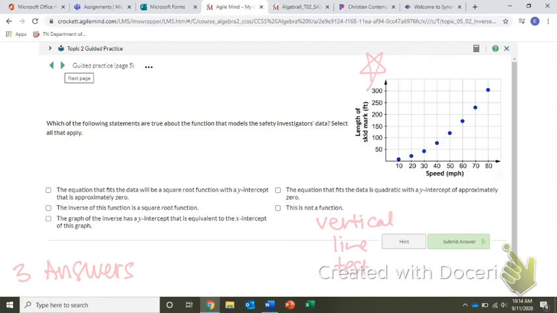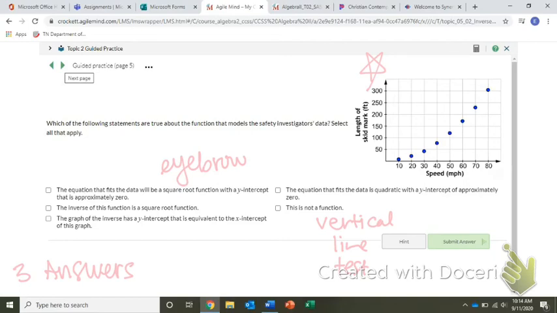Let's see. The equation that fits the data will be the square root with the y-intercept that is approximately 0. Remember, a square root looks like an eyebrow and is the inverse of a quadratic. The inverse of this function is a square root.